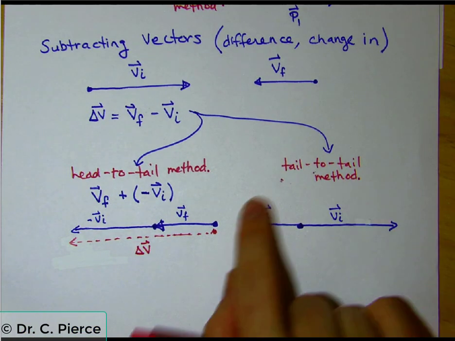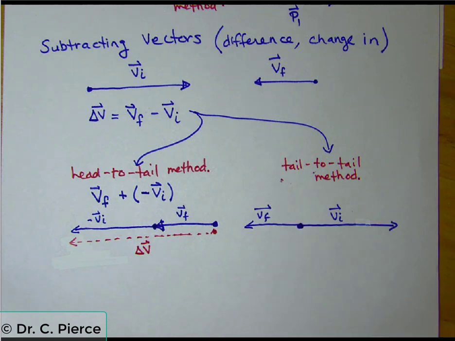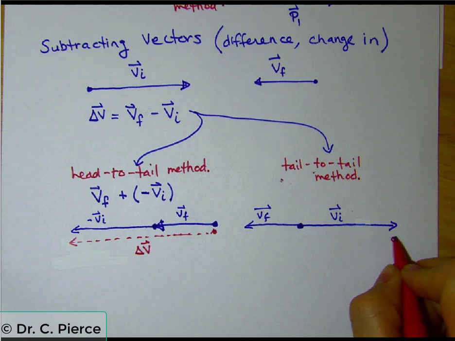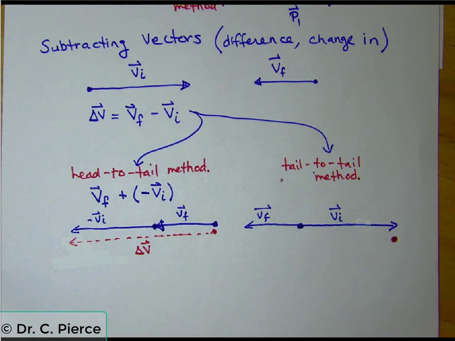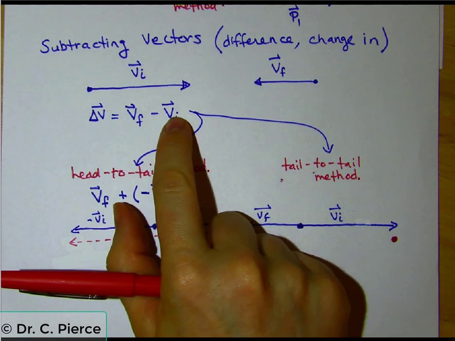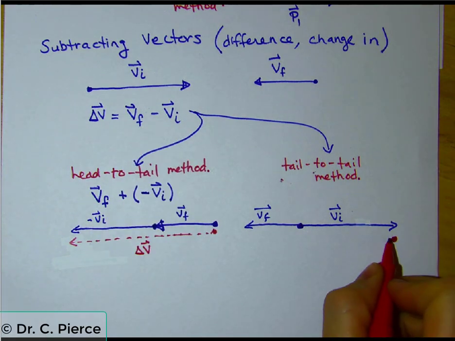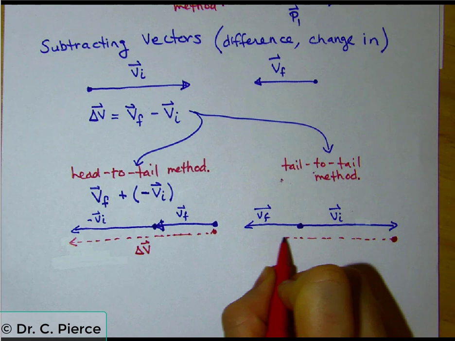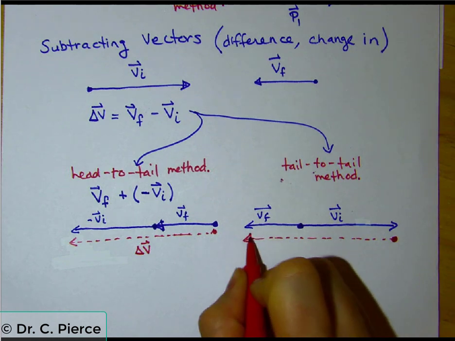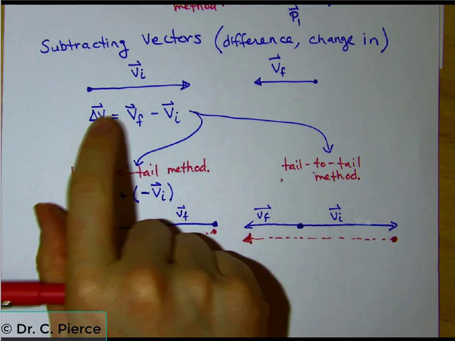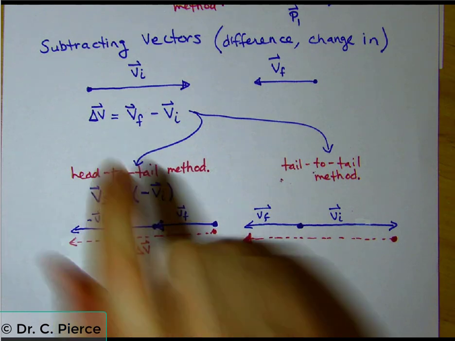So in order to find your answer arrow here, you have to start the arrow at the beginning of the thing that you were subtracting. So you start the arrow at the end of the initial, and then your answer arrow will stretch to the end point of this.